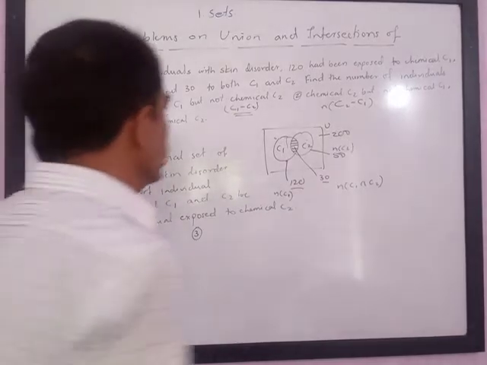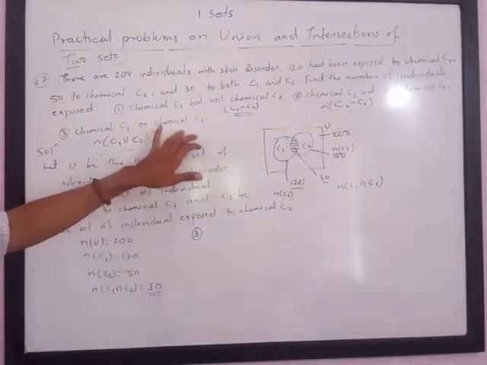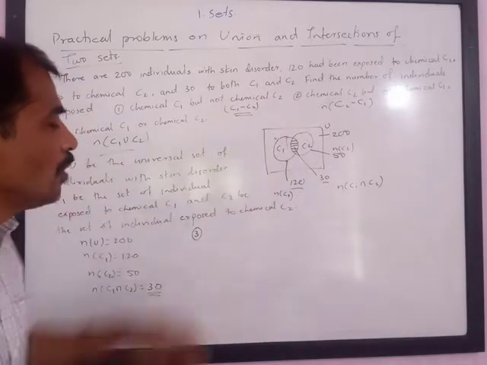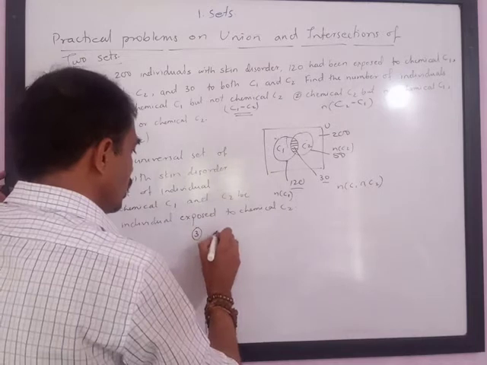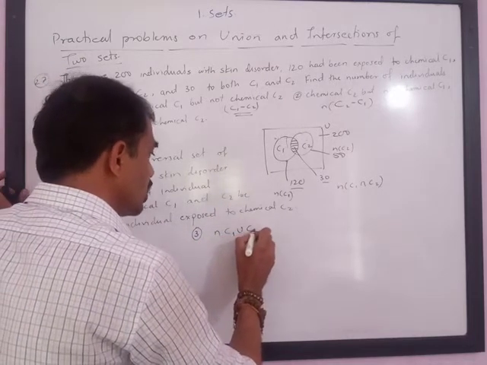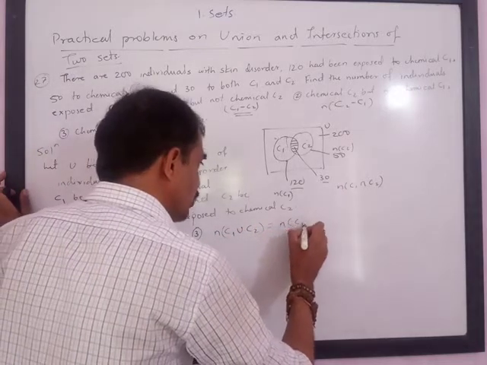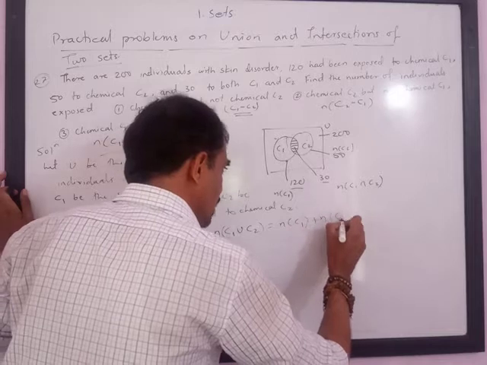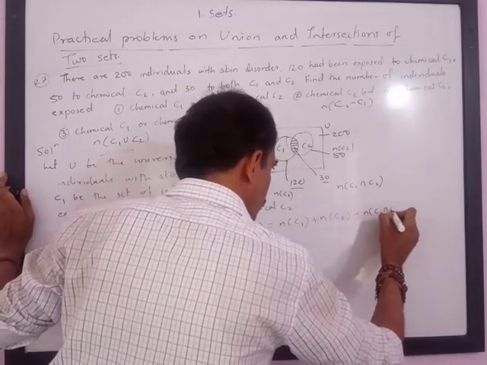Third and last part of the question is exposed to chemical C1 or chemical C2, means both. So that is equal to the number of elements in C1 union C2, and for this we have the formula: number of elements in the first set plus number of elements in the second set minus number of elements common to both.